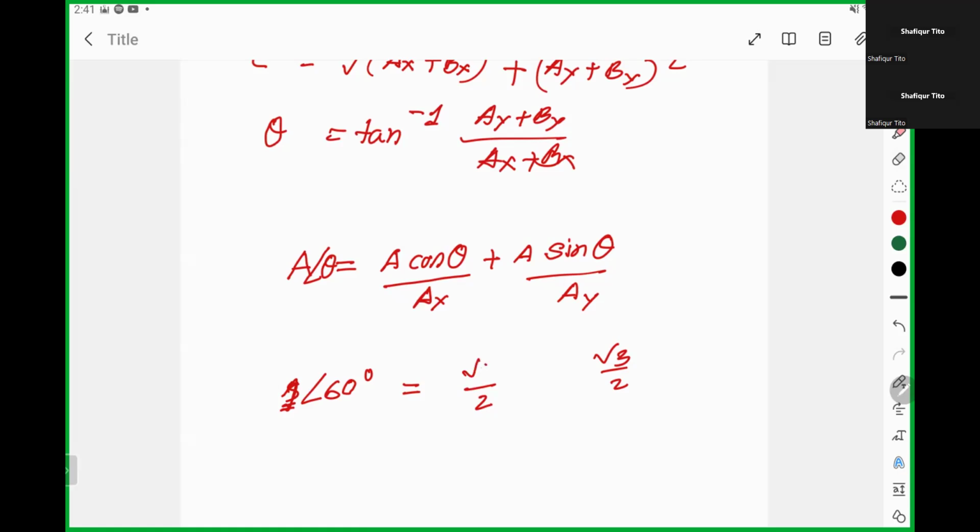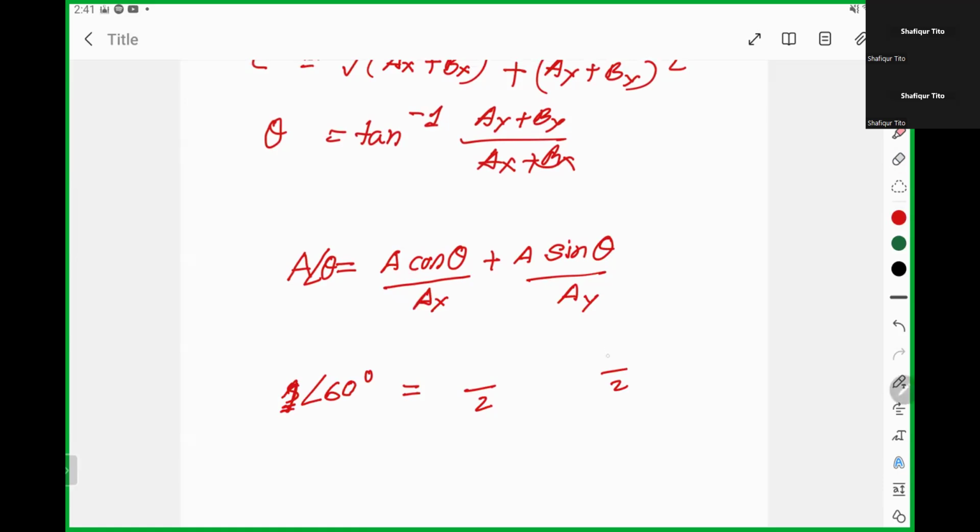You are even more confused than me. What I remembered is sine: sine 60 is half. So yeah, this should be reversed. Here it will be half because I have remembered the sine one. Sine 0 is 0. Sine 30 is half. Sine 60 is root 3 by 2.